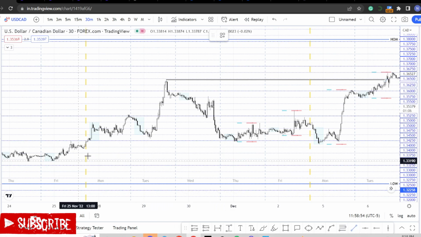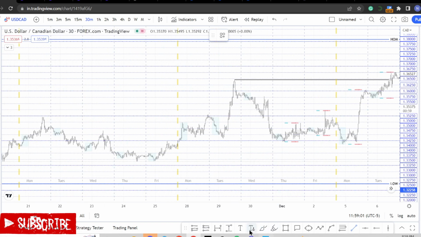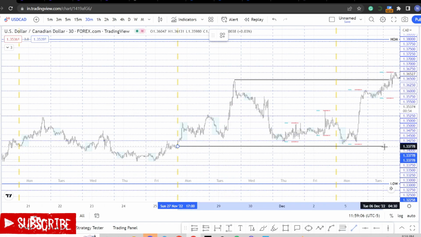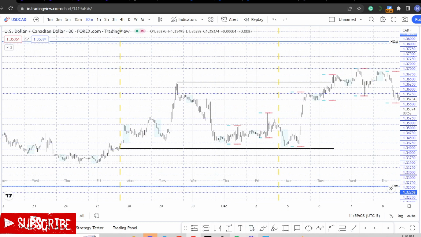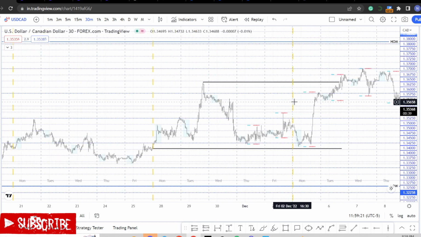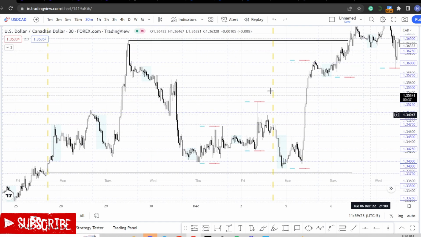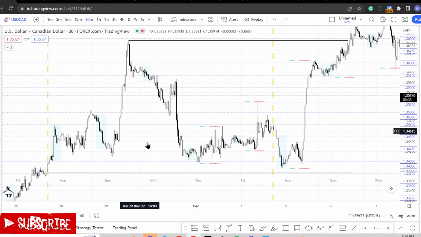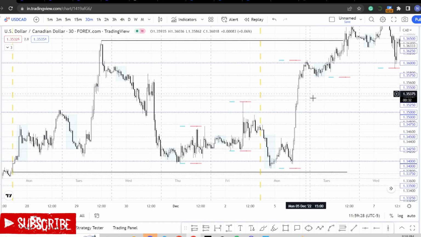Then this is the low of the previous week, like here is the low. So after marking my high and my low of the previous week, I now wait to see if there will be any trigger either to the high or to the low of that previous week.